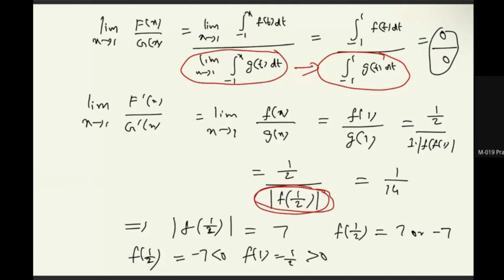Oh, this is not true, because f is continuous, so by the intermediate value theorem, between this half and 1 there should be an element where f of x is 0, right? By the intermediate value theorem. But that can't be true. We got a contradiction. I hope you got the point. Yes, sir, got it. Is it okay?